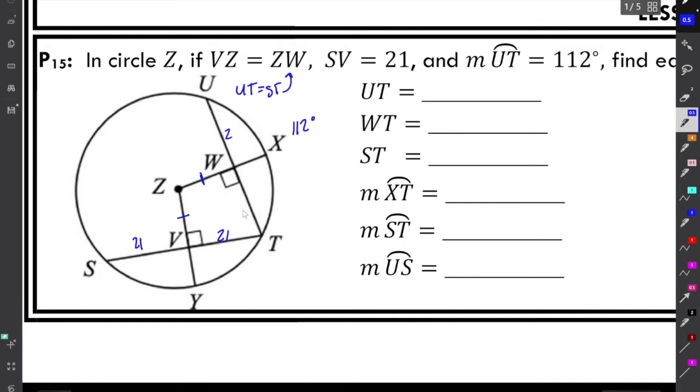We know the arcs are bisected when it's perpendicular and the arcs are congruent. So this is 112 and this would be 56 degrees, 56 degrees, 56 degrees, and 56 degrees. That's about all I need to solve this problem.